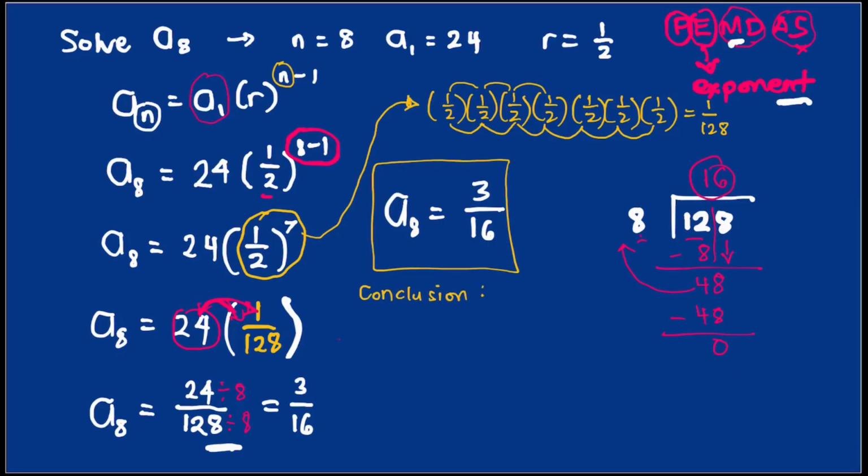So, pwede natin sabihin na, therefore, the 8th term or a sub 8 of the geometric sequence, GS ko na lang, is 3 over 16. So, yun na yan. Okay? So, that's for example number 2.